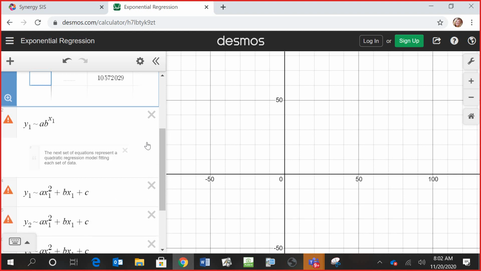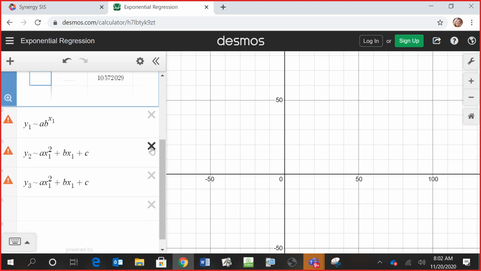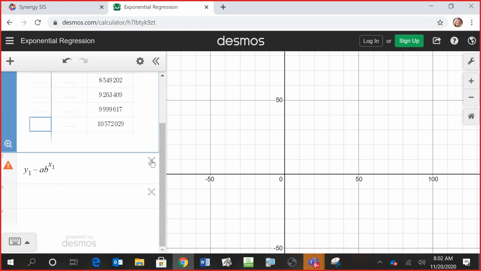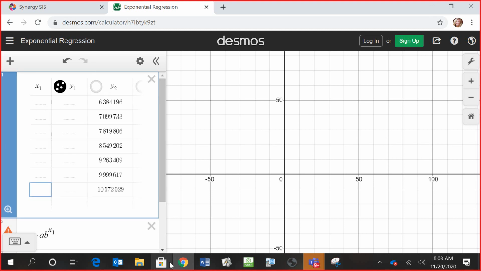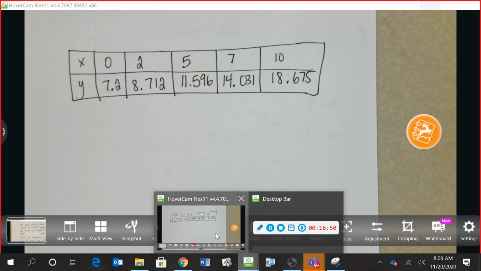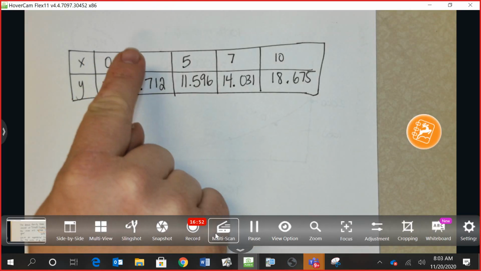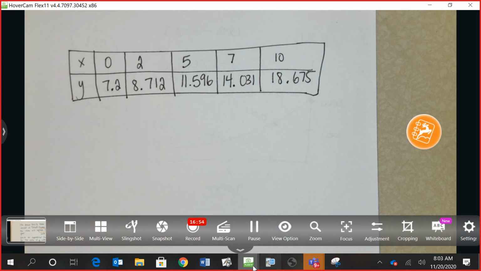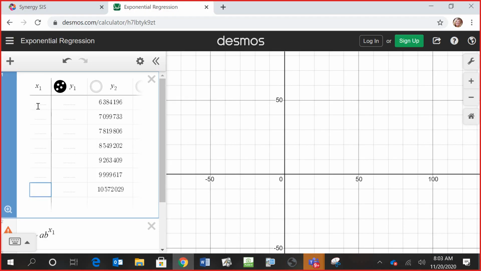It states that this is exponential, and when I look at that first equation, I know it's exponential, like Eric shared with us yesterday, because the variable is in the exponent position. So I'm going to come back up here, and I'm simply going to take the random points that are given to me, and I'm going to plug them in accordingly. Now, I have had students in the past say, well, can I round when I'm plugging them in?